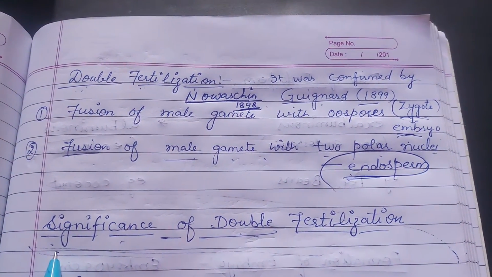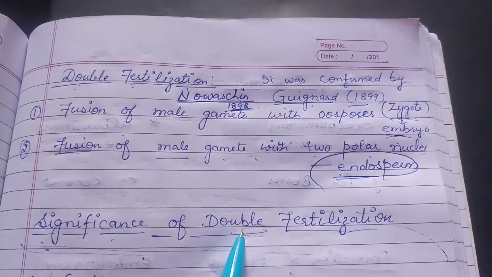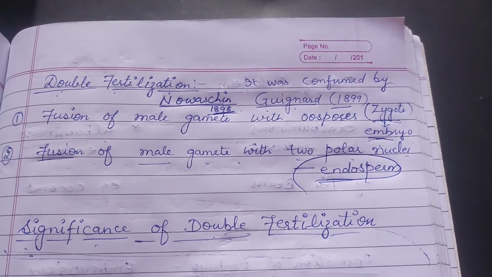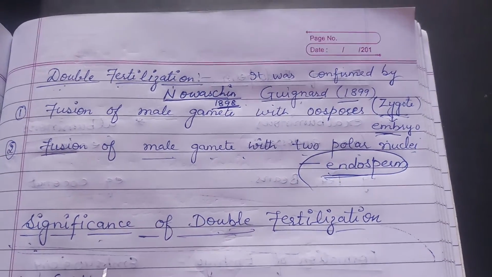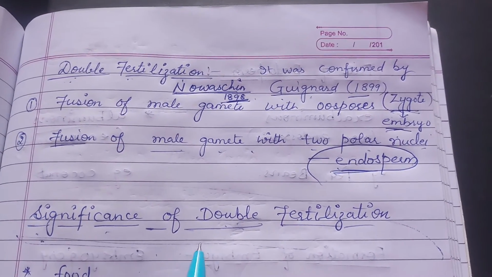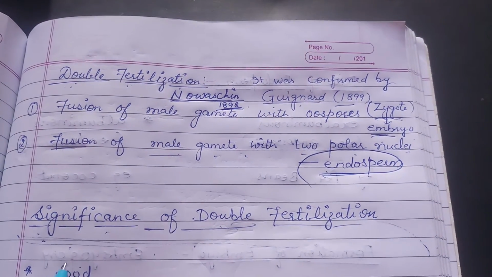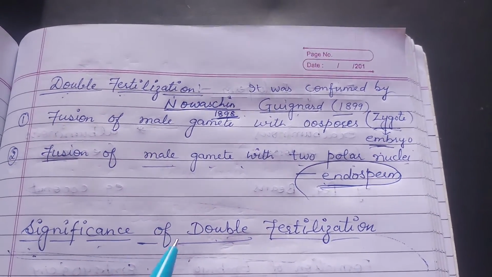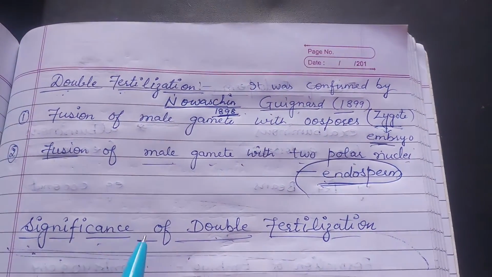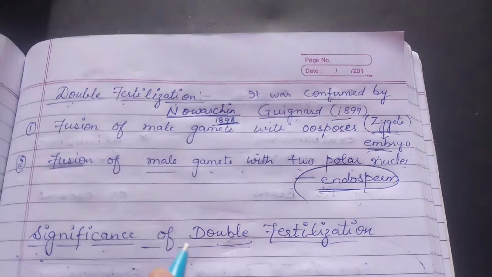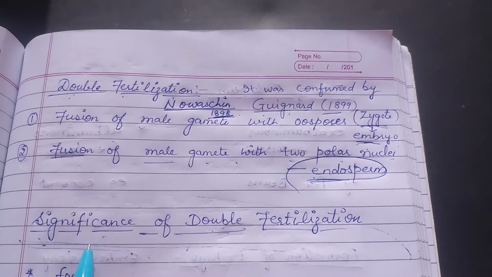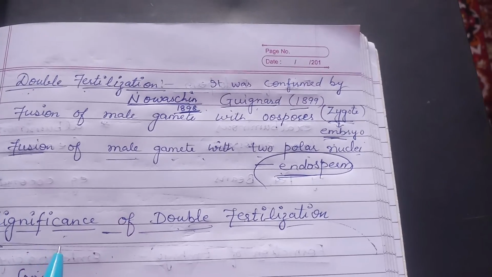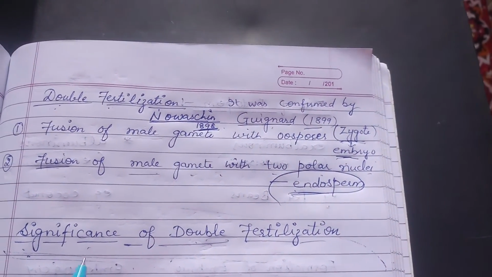Now I will explain the significance of double fertilization. First of all, it provides characteristics from the male parent to the endosperm which are useful in the storage of nutrients. Second, it ensures the formation of endosperm only when the egg has been fertilized and embryo development is to start.